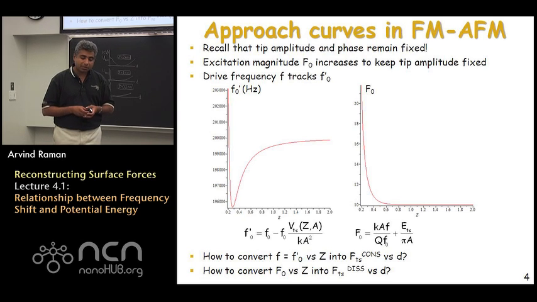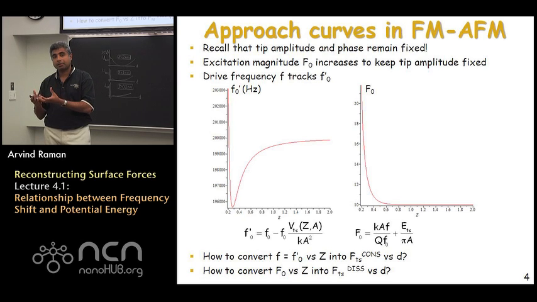constant. And we derived relationships between the modified effective frequency of the probe, and the virial, which codifies within it the effect of the conservative tip-sample interaction forces. We also came up with the link between the excitation amplitude F0 and the dissipative tip-sample interaction, which is given by the term E sub Ts.